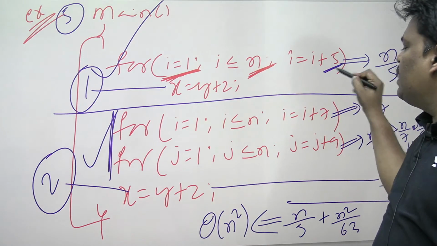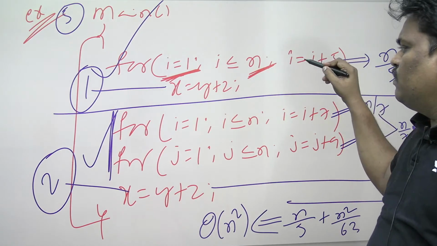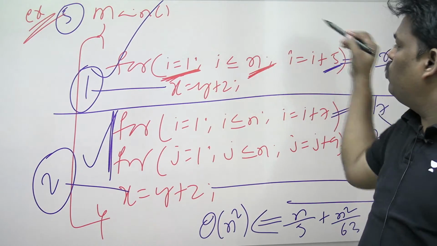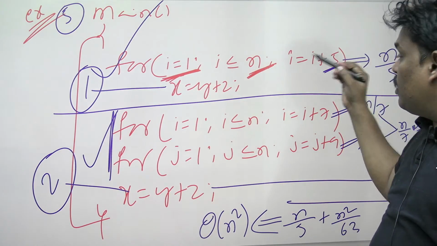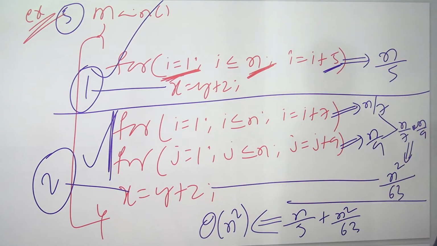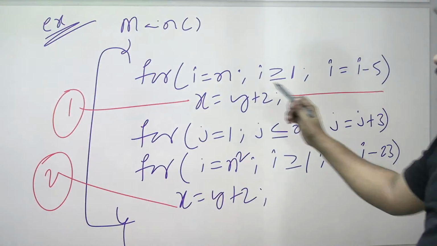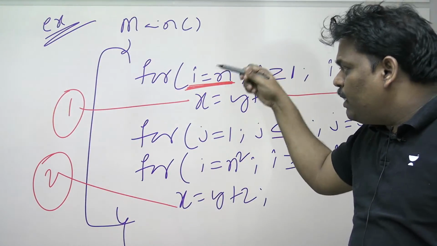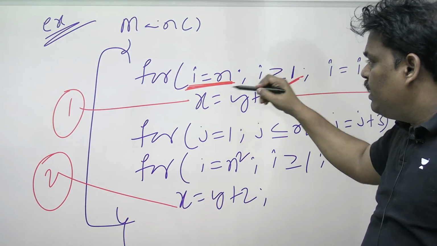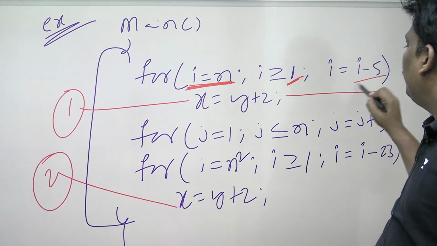At that time it is incrementing by plus 5, because starting from small you have to increment, then only you will reach n. But if you see this one, starting from big, to reach 1 you have to decrement. He is decrementing by minus 5.